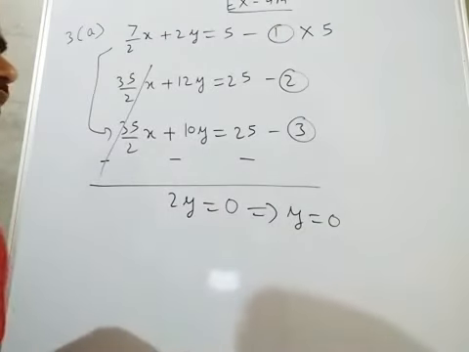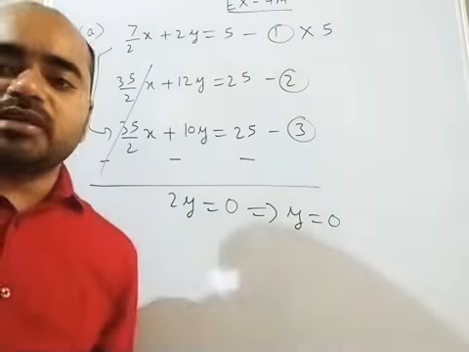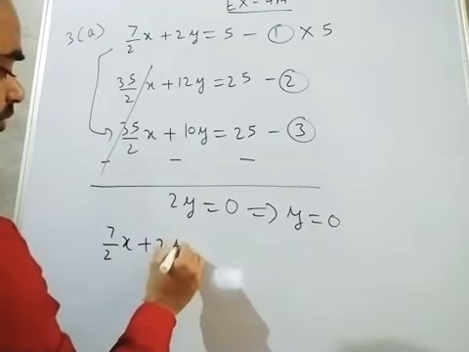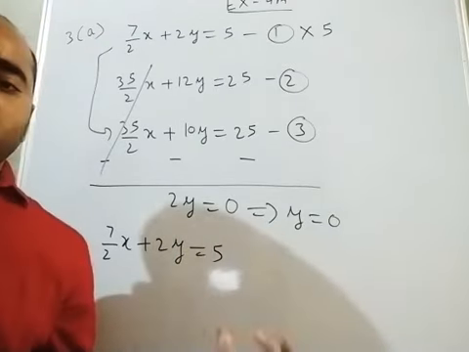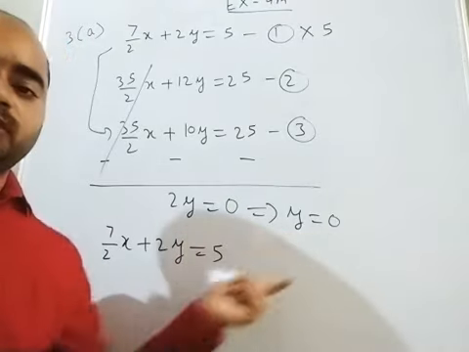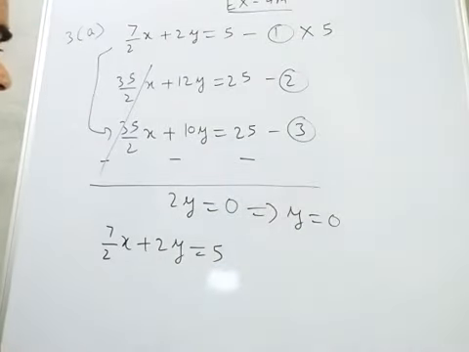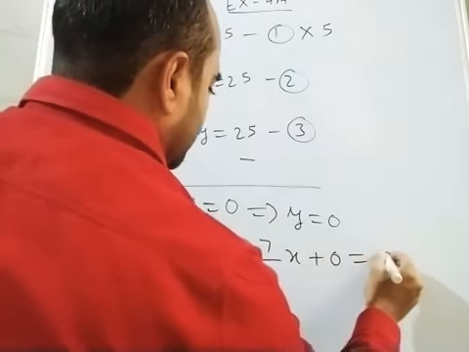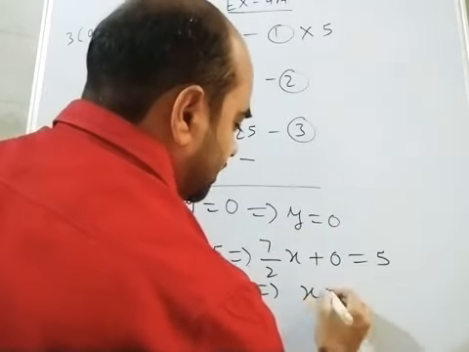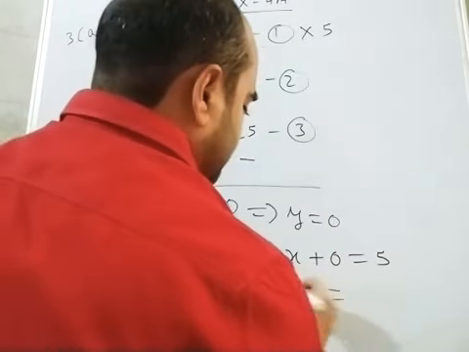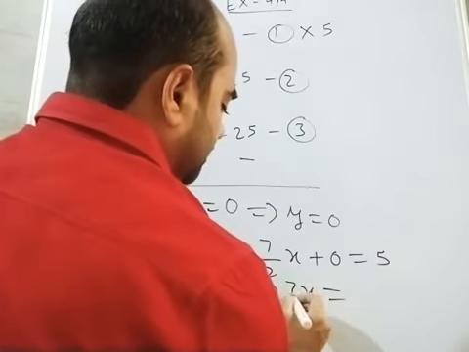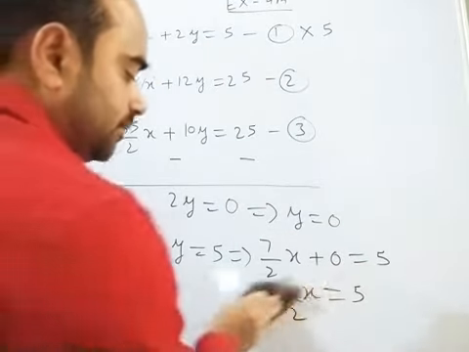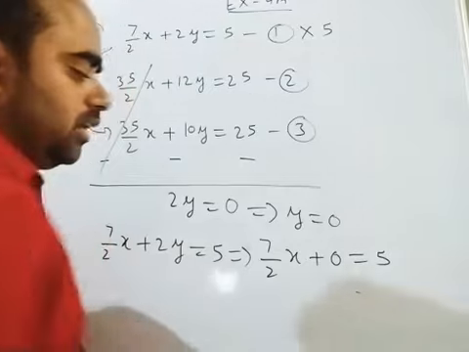y will be 0. After finding y, how to calculate x? Take any one equation. Suppose I am taking the first equation. Now in the first equation, substitute y is equal to 0. Then this will become 7 by 2x plus 0 is equal to 5.